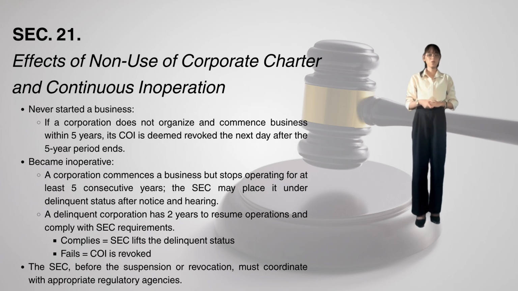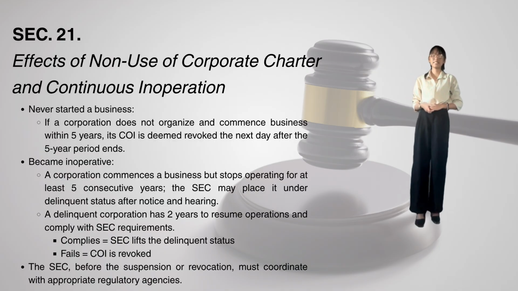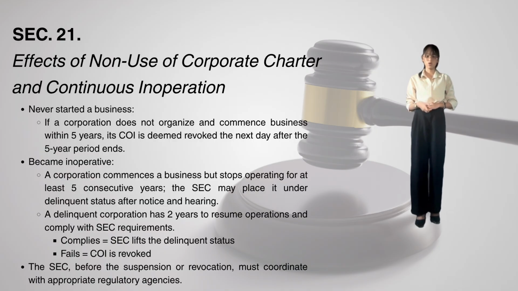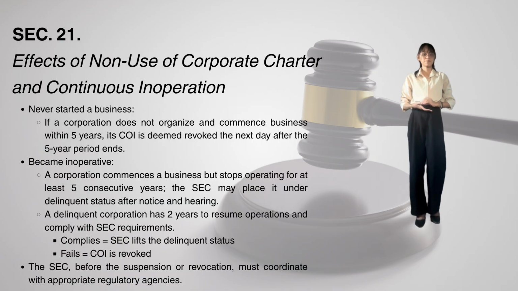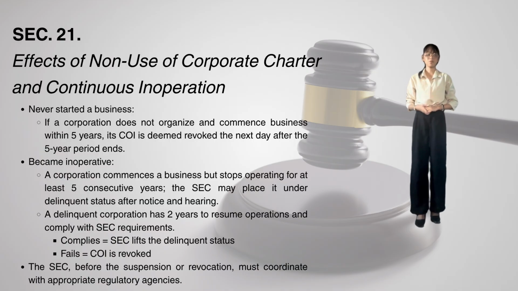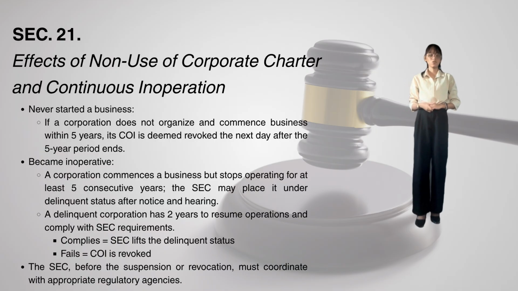Yet a delinquent corporation has 2 years to resume operations and satisfy all SEC requirements. If it fails to do so, its certificate of incorporation is revoked or cancelled. Before officially suspending or revoking corporations under their special jurisdiction, the Commission must also notify and coordinate with other relevant regulatory agencies to ensure fairness.